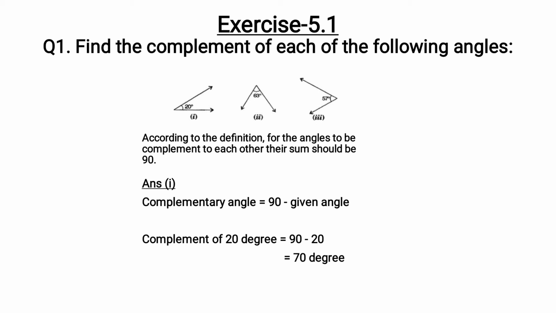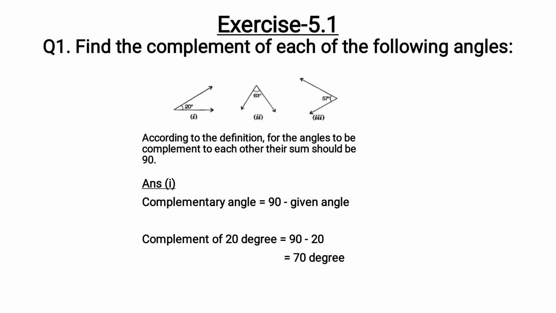Well, here we will only study figure 1. In figure 1, we are given an angle of 20 degrees and we are supposed to find the complement of 20 degrees. So, if we go by the definition, for angles to be complementary to each other, the sum should be 90 degrees.